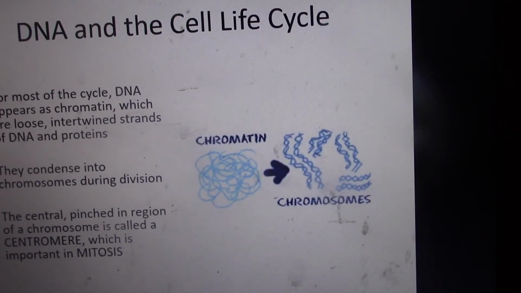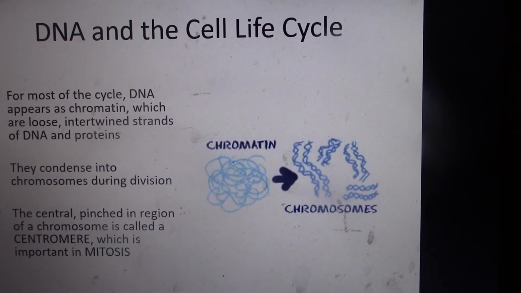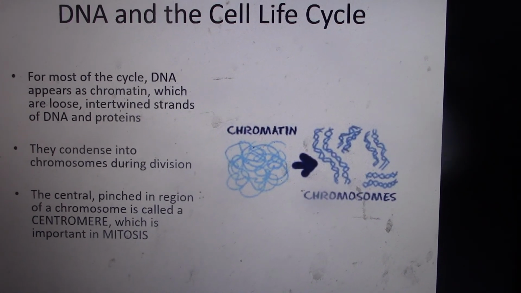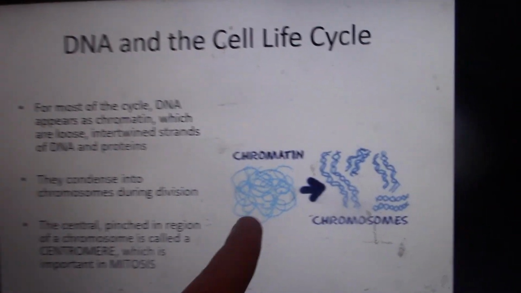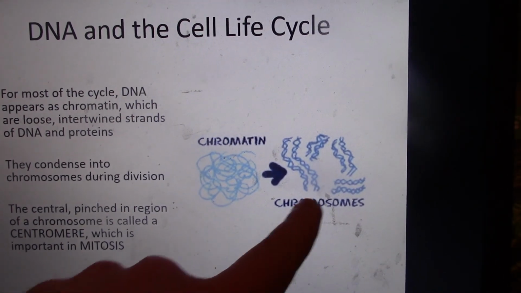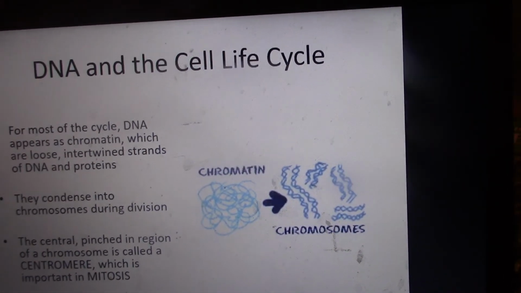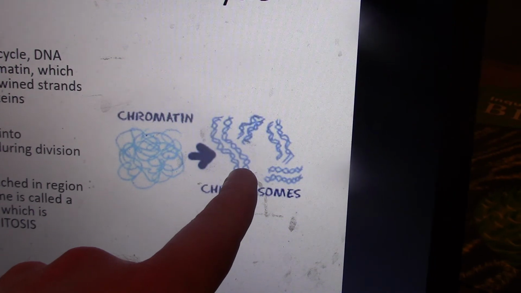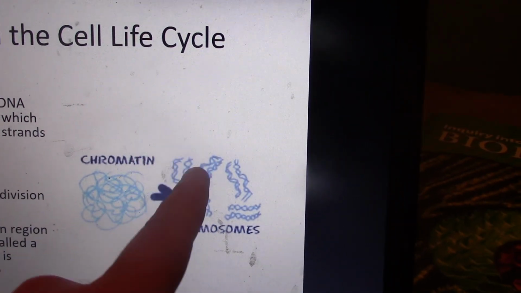All right, so for most of the time, DNA exists in the nucleus of a cell as this uncondensed material called chromatin. When the cell is ready to divide, it turns into chromosomes. What happens is the histones contract and make this chromatin a lot closer together, and you end up with this double helix structure.